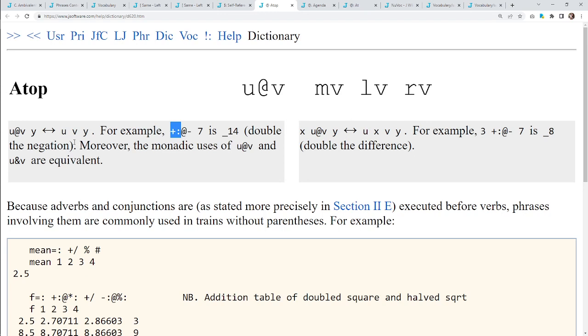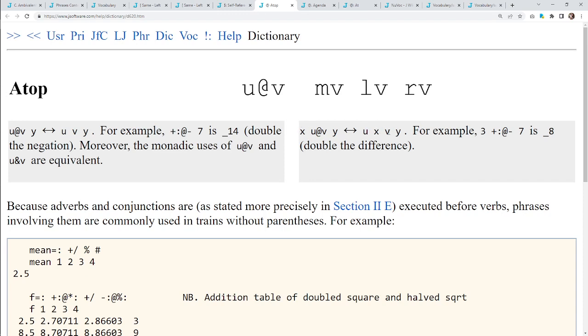This has different forms. You have u atop v y. This is the monadic form. And here you have the dyadic form. X u atop v y becomes u x v y. So we also need to look at the atops and know if we're using a monadic or dyadic form. But you don't really have to think about it much. Or you do, because it becomes u x. U gets applied to x.